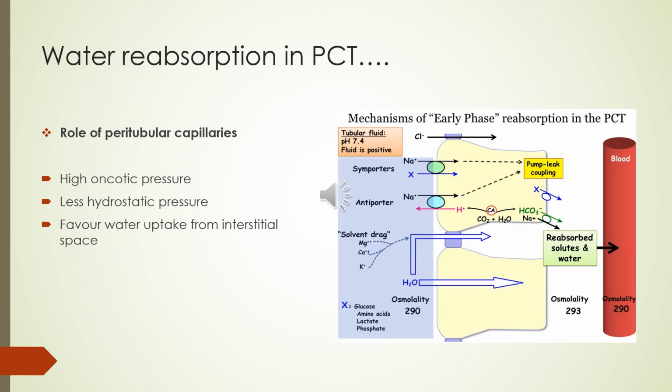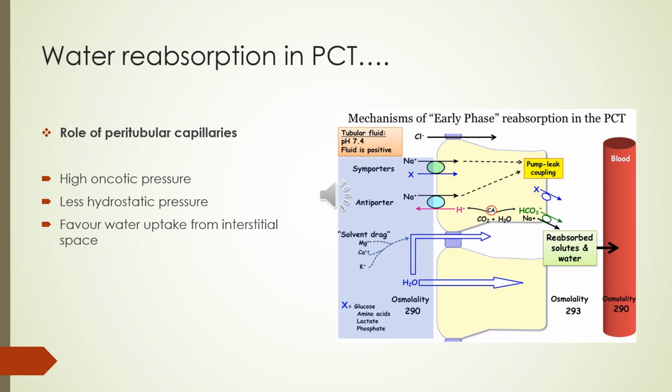Next is the role of peritubular capillaries in water reabsorption. See, we have learned earlier that the peritubular capillaries will have a higher oncotic pressure. This is because after glomerular filtration, since the proteins are not filtered, they will be present in the blood itself in the glomerulus, and it emerges through the efferent arteriole.